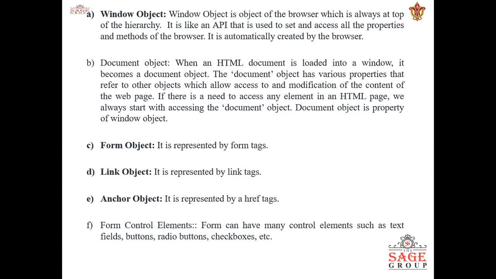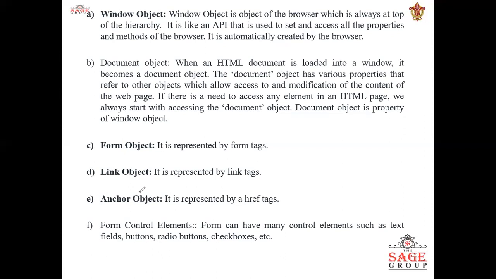For example, we can see the document object model itself closely resembles the structure of the documents it models. For instance, we can consider this table taken from an HTML document. We can use rows and table data, and for these kinds of structures there are form objects, link objects, and anchor objects.